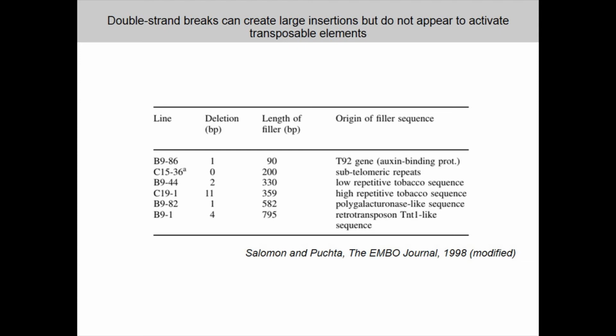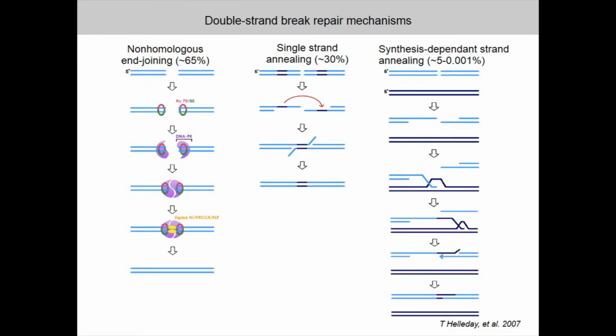And to me, it's important that the cut site in and of itself doesn't activate a transposable element. You don't see any intact transposable elements. Here you do see one retrotransposon sequence, but this is just a fragment that appears to have been copied from somewhere else in the genome. So these do occur when you create double-strand breaks in an experimental system.